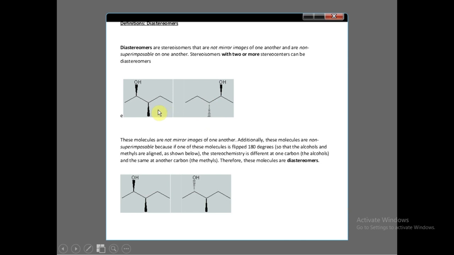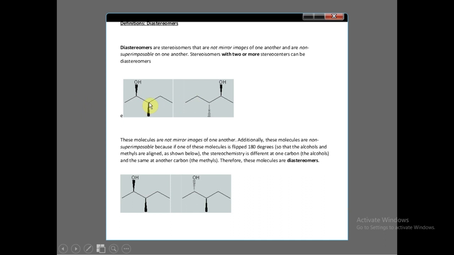So by the first rule, for sure this is not considered an enantiomer, and this is a diastereomer. If you try to overlap, it is non-superimposable, with no overlapping with its object.